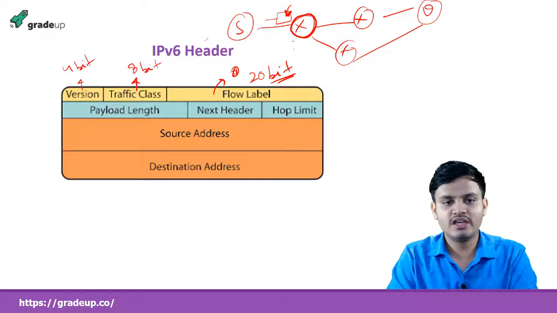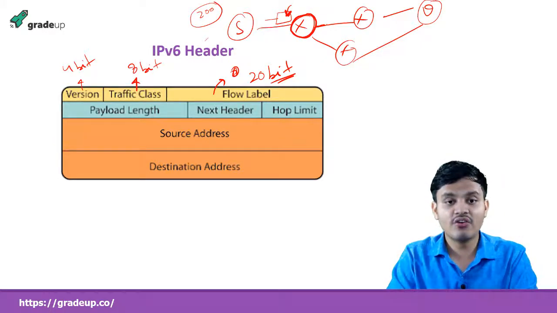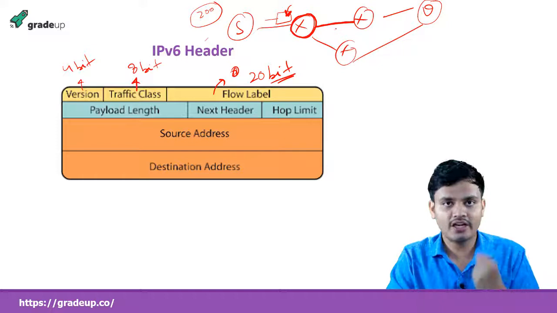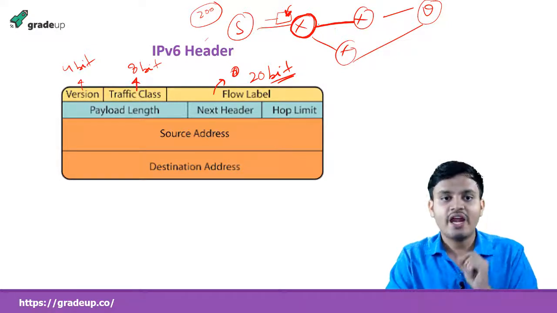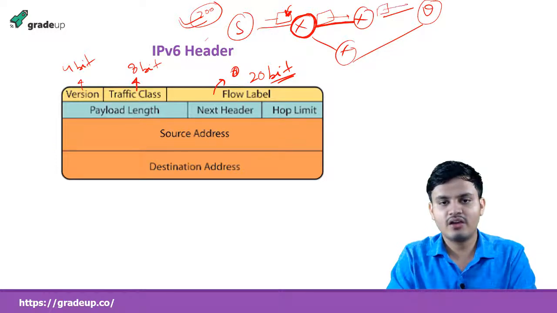Suppose this has a flow label of something like 200. Then this router has reserved some resources for 200, some bandwidth, buffer and all these kinds of things, for this flow label. Then it will direct it to that path, and it will go like this.